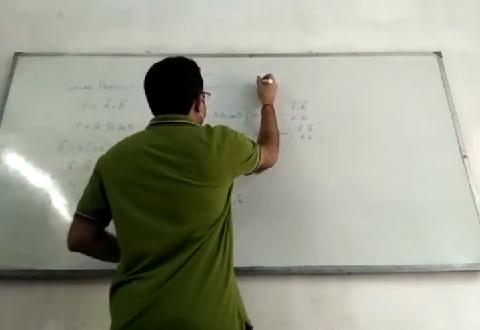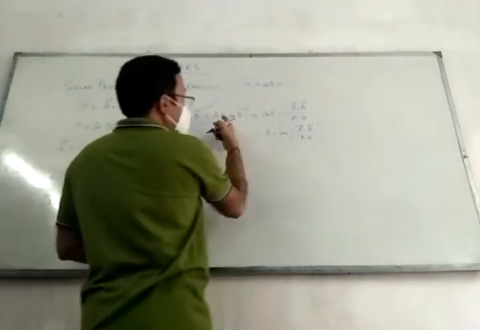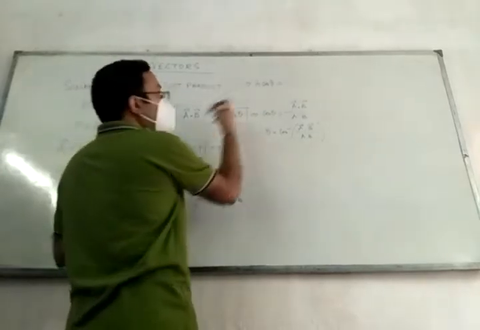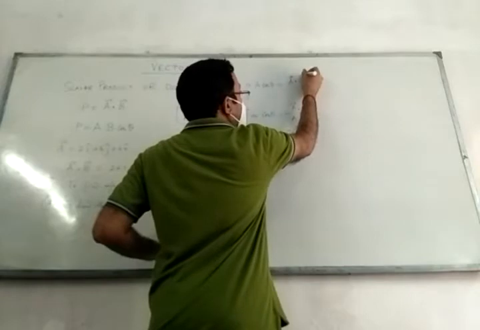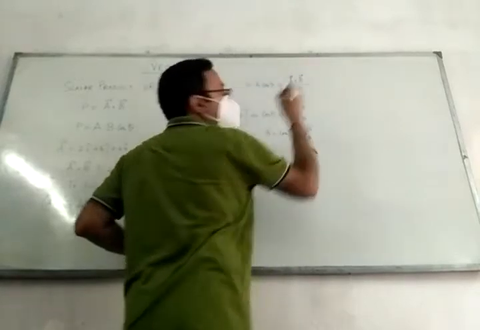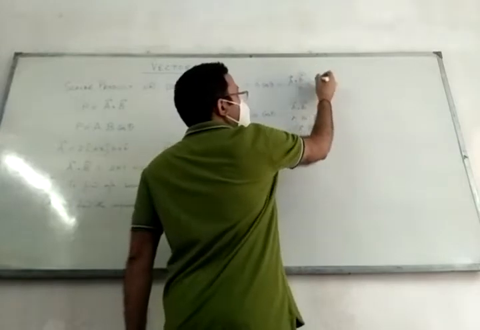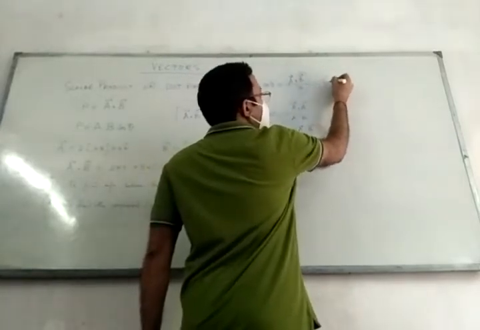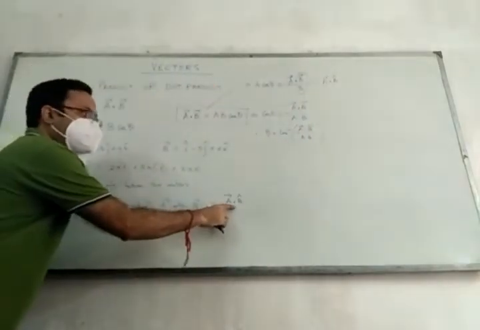A cos theta will be A dot B by B, right? And you know vector B by magnitude of B is the unit vector of B, right? That is why A dot B cap.